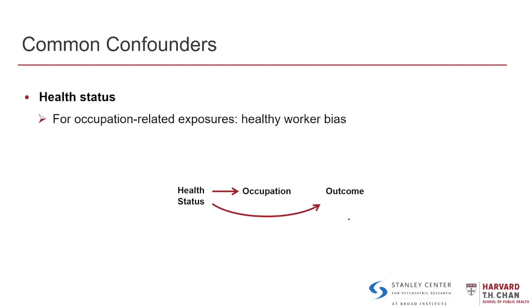A healthy worker bias is also a type of selection bias that we will discuss in the next session, where you would see a relatively lower morbidity and mortality from all causes because people who are working may have a better health status, and hence that might create a healthy worker bias.